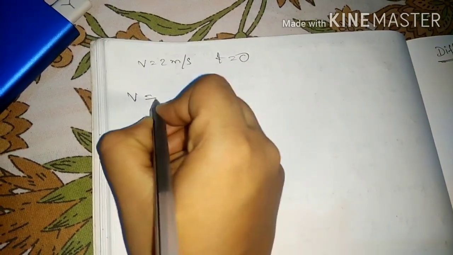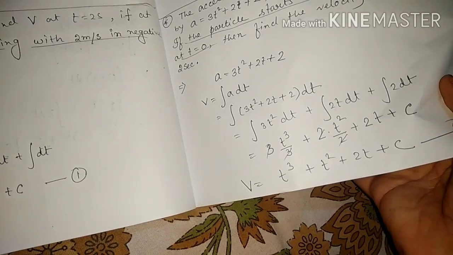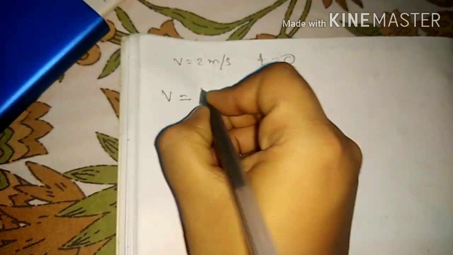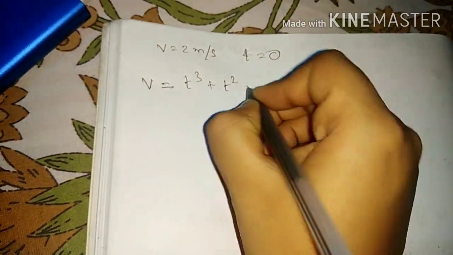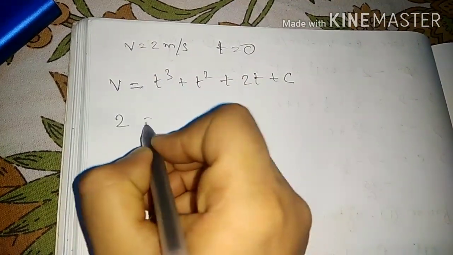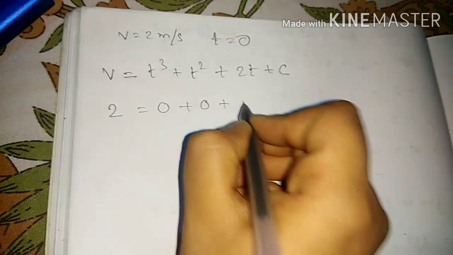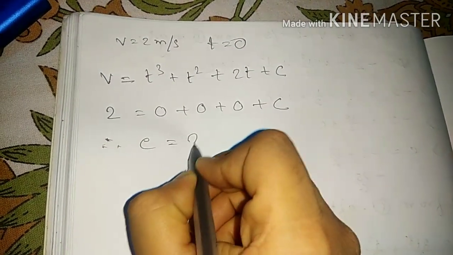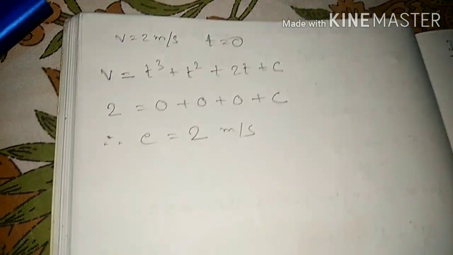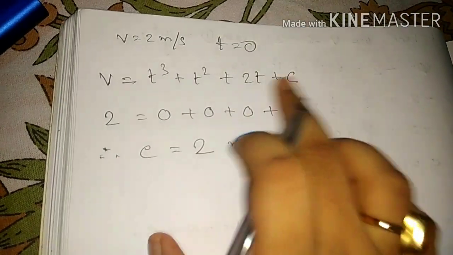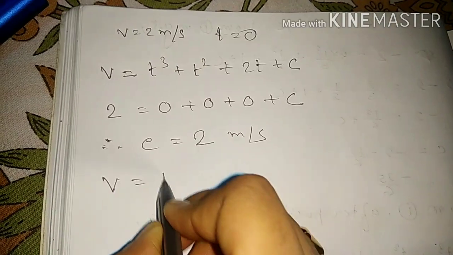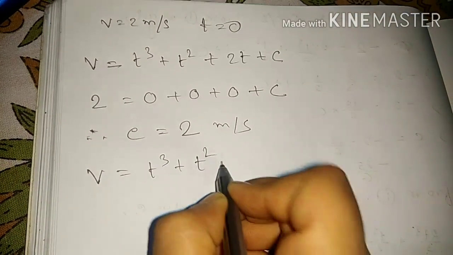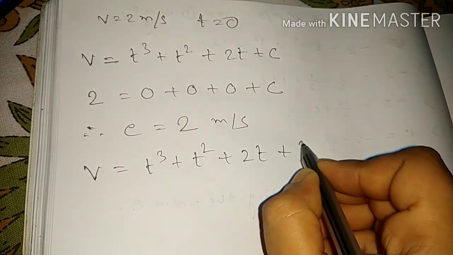Then the value of v from equation 1 is t cube plus t squared plus 2t plus c. Now put v equals 2, and t equals 0, so these terms are 0, plus c. So c equals 2 meters per second. We get the value of c. Now in this equation we put the value, so v equals t cube plus t squared plus 2t plus 2.